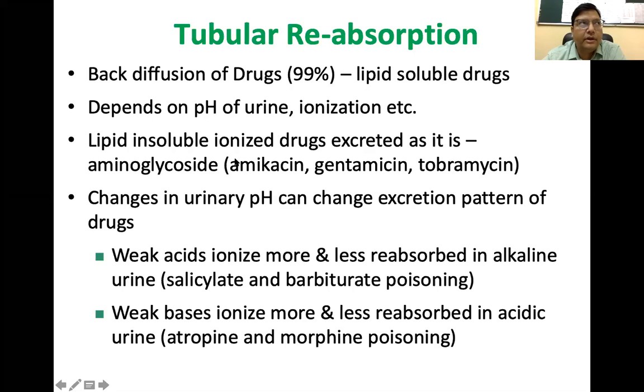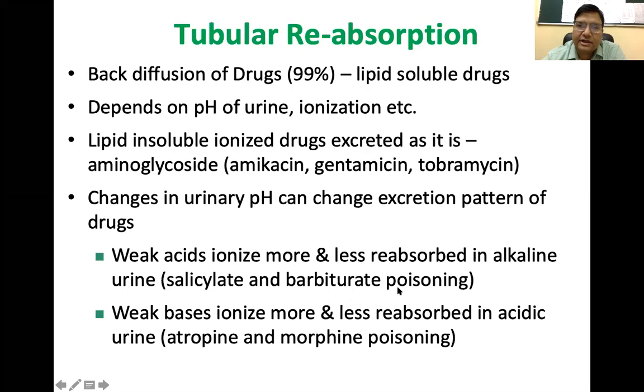The lipid insoluble ionized drugs are excreted as they are, such as aminoglycosides. So a change in the urinary pH can change the excretion pattern of the drug. Weak acids are ionized more and less reabsorbed in alkaline urine. So this principle is used in case of acidic drugs, such as salicylate or barbiturate poisoning.